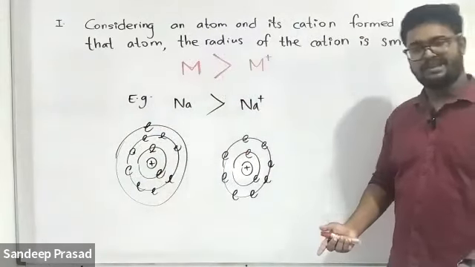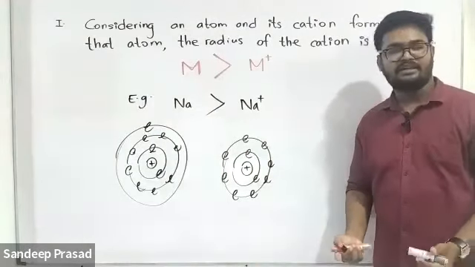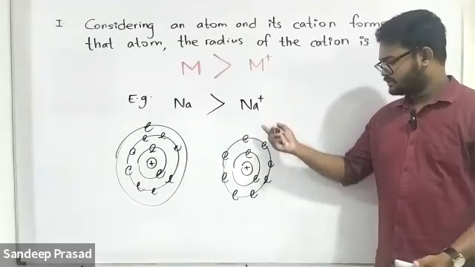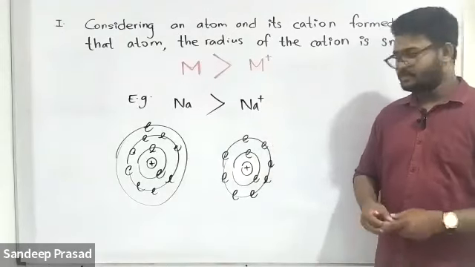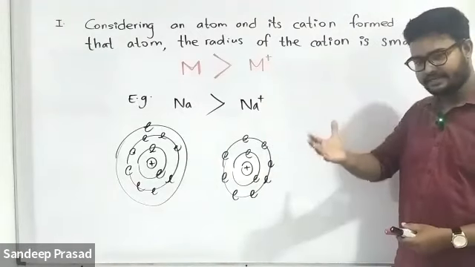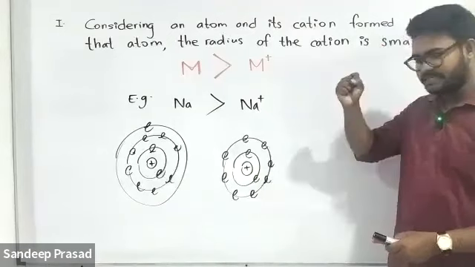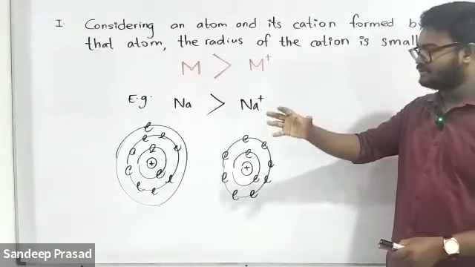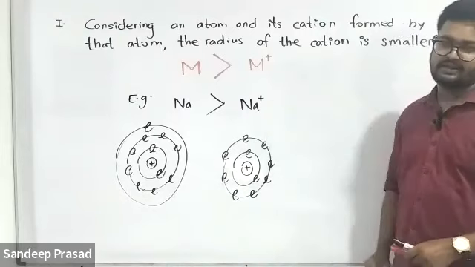This is the way you can understand it. Now the sodium plus cation is becoming like a neon atom. Therefore the sodium atom has a higher radius than the cation. As a theory, we can remember that if you consider a particular atom and its cation, the atom's radius is always greater than the cation's radius. Okay.